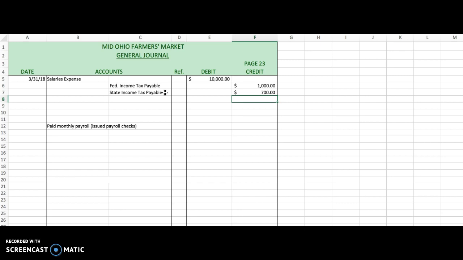We're not going to worry about how the 700 was arrived at, but suffice it to say, this works like the federal income tax. We withhold it from our employees. They owe it to the state. We keep it out of their paycheck. Eventually, we pay it to the state, and in our case, the state of Ohio, we pay it for them. It's actually their money, but we're withholding it, and we will pay it later for them.